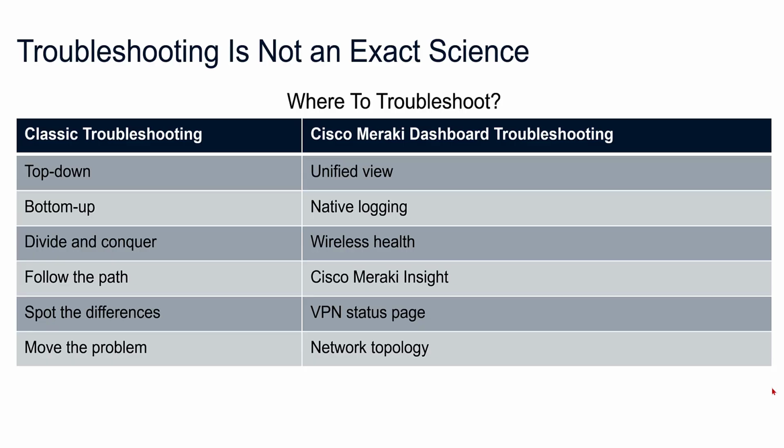If we look at top down, in this case, we're talking about the application layer down to the physical layer. We're going to start at layer 7. Is the application responding? Maybe it's an HTTP issue, and we might say, are we getting any kind of HTTP response codes? Is there some sort of issue with a TLS handshake? We might move down to some DNS resolution.